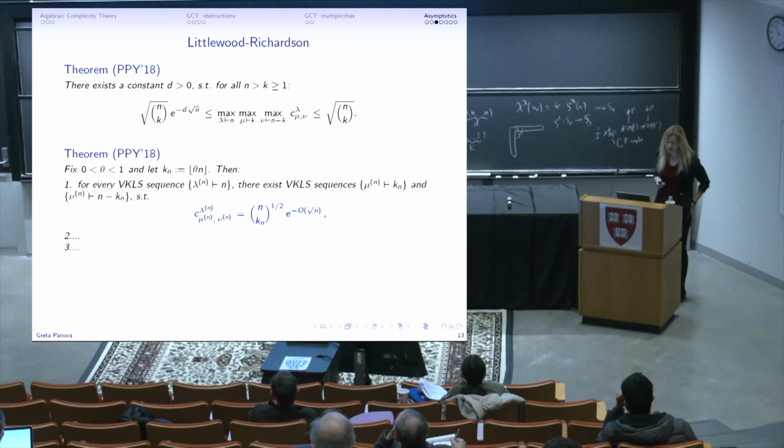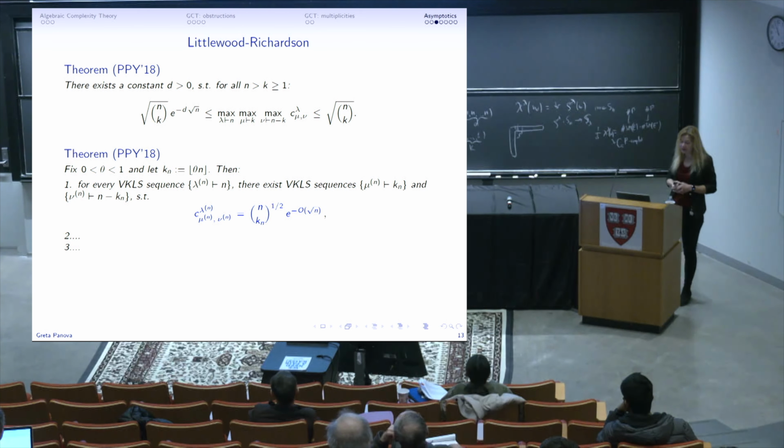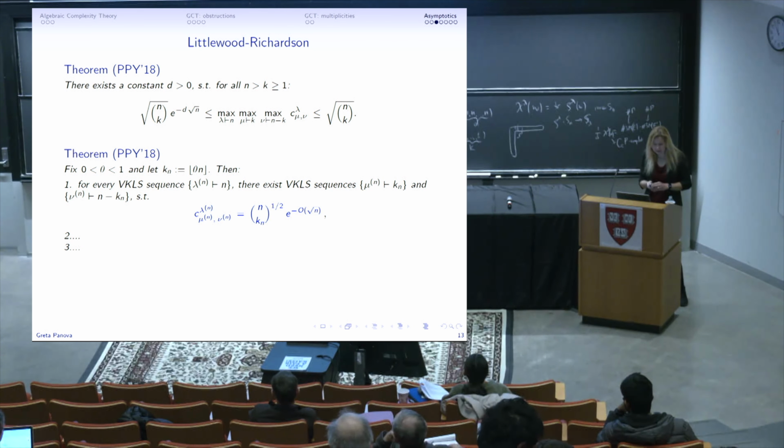And again, there are some existence statements that if we are going to look for a large or maximal Littlewood-Richardson coefficient, then we are going to need maximal-shaped partitions, so they should be close to this Vershik-Kerov-Logan-Shepp shape, and various other results. But again, for any particular triple of partitions, we cannot really say how large it's going to be for any particular family.